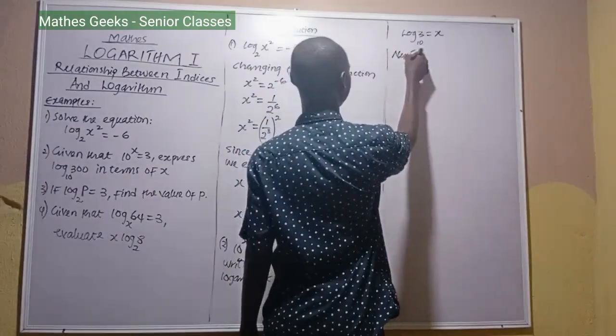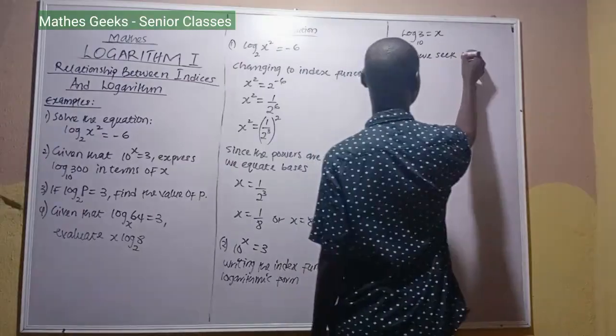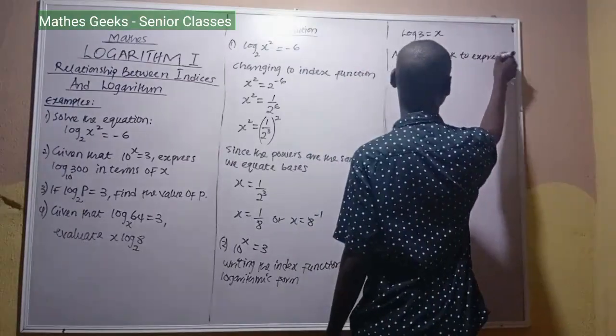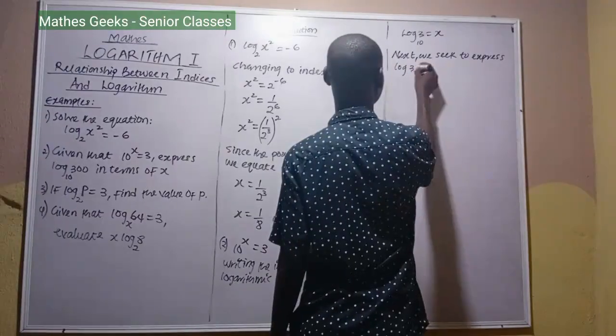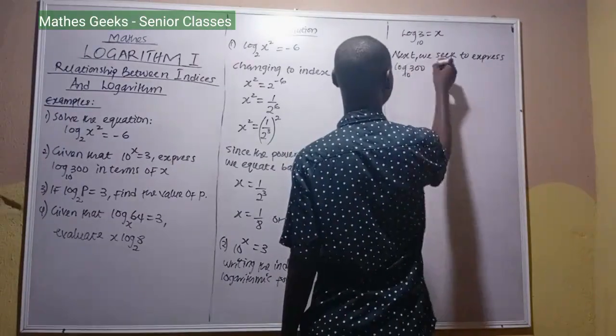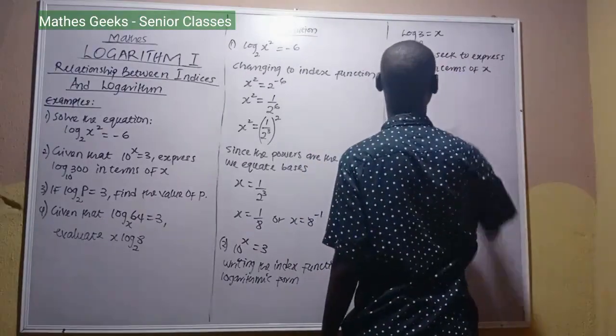Next, we seek to express log 300 to the base 10 in terms of x.